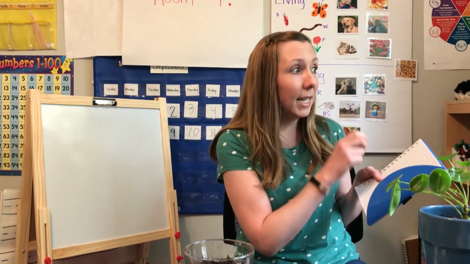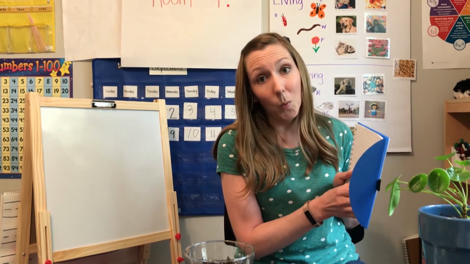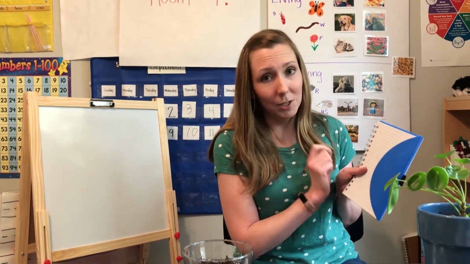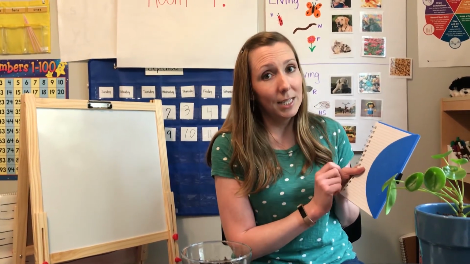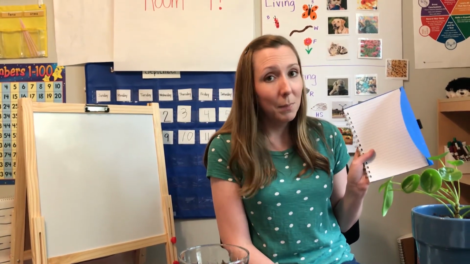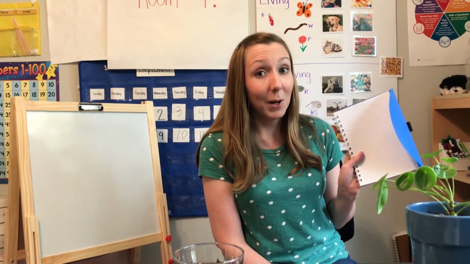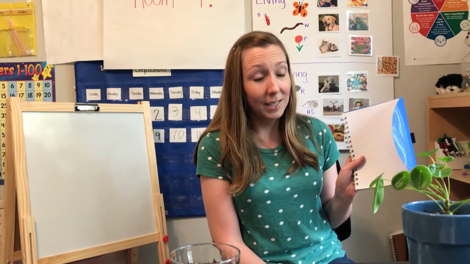Maybe if it's eating, if you see a squirrel outside eating, you can draw a picture of it eating. Or maybe you just know what a squirrel eats, even if you don't see it eating. You might want to just write down that you know that it eats. And make some notes in your notebook or on a piece of paper so that you can think like a scientist and observe some living and non-living things.